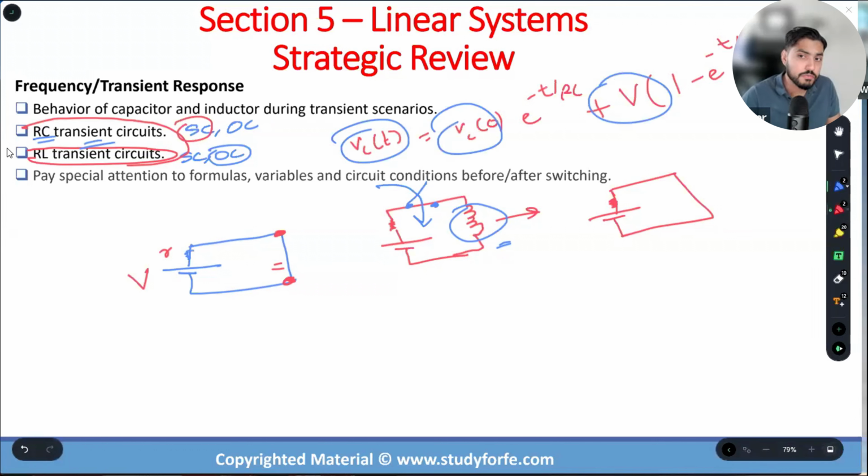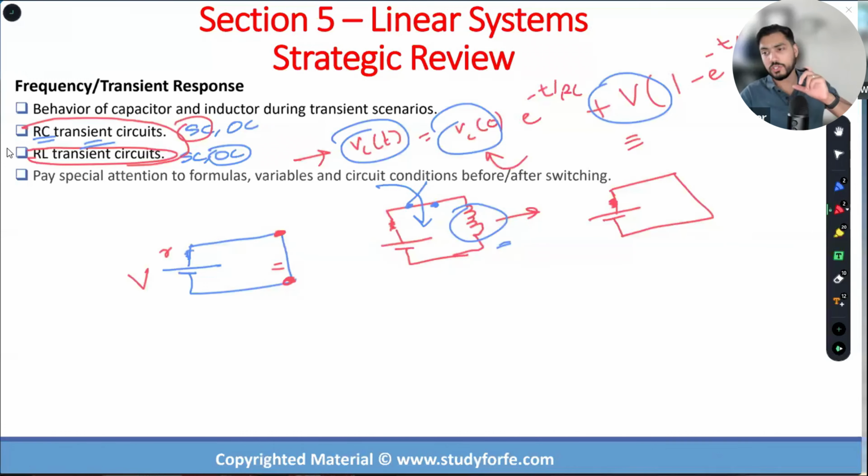But each one of these V's mean something different. This is the voltage across the capacitor as a function of time. This is the initial voltage across the capacitor. And this is the voltage of the external power source. All of these 3 V's mean something different.